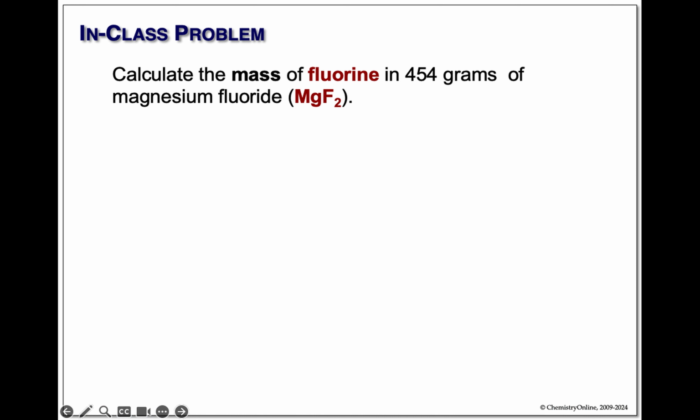Fluorine and magnesium fluoride. We have 454 grams of magnesium fluoride. What's the mass of fluorine in a pound of magnesium fluoride?